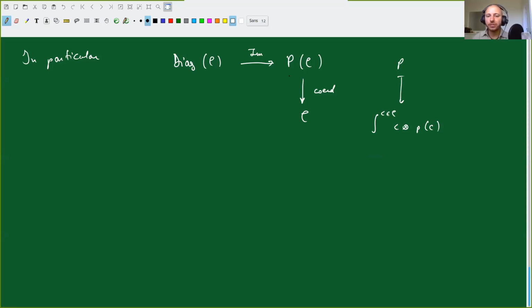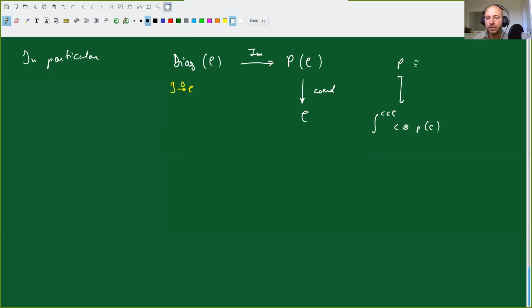So what's happening here? Every small presheaf is in the essential image of this map, okay? So what's actually happening here is that P itself is, up to isomorphism, the free colimit of some small diagram.